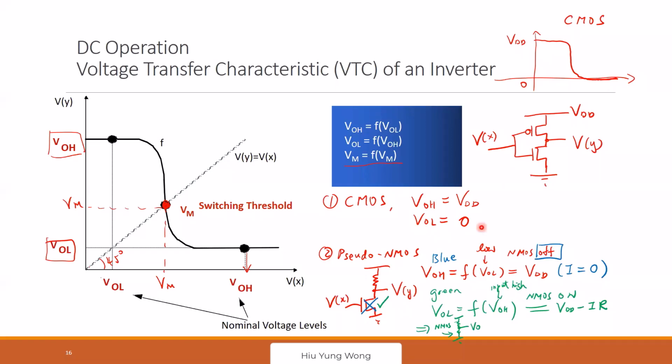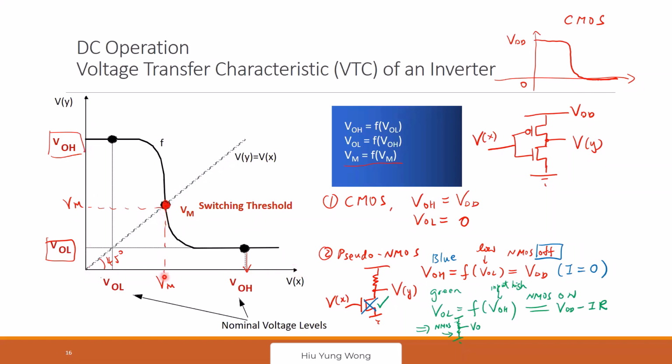Graphically, you just draw a 45° line, then you will get VM. The crossover is VM equal to VM, right? Graphically. But what about the voltage? Like, how do we relate with respect to the input and the output voltages? The input is on the x-axis, output is on the y.